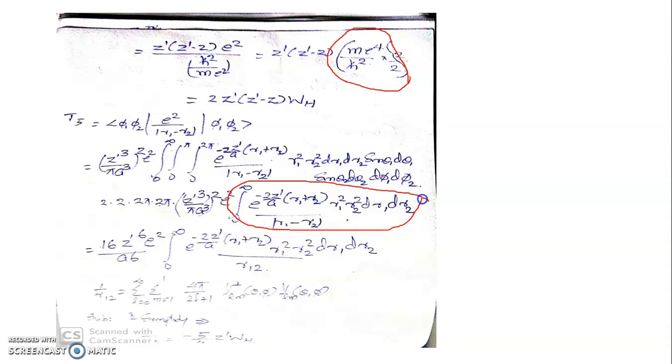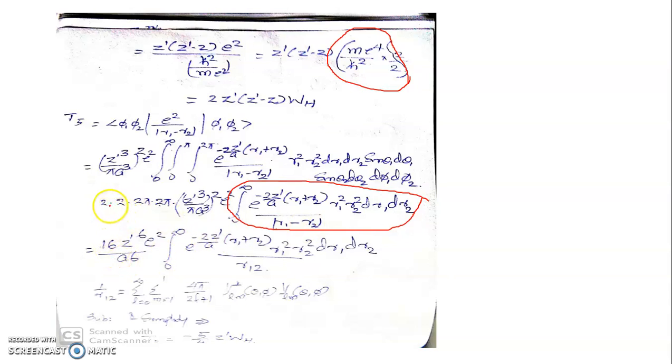For this, we will be decomposing 1 by (r1 minus r2), or 1 by r12, in terms of the Legendre polynomials. This I think you have discussed once when you talked about the hydrogen atom problem, in the three-dimensional problems in quantum mechanics in semester 2, Quantum Mechanics 1 paper.